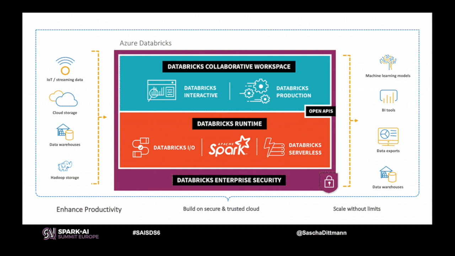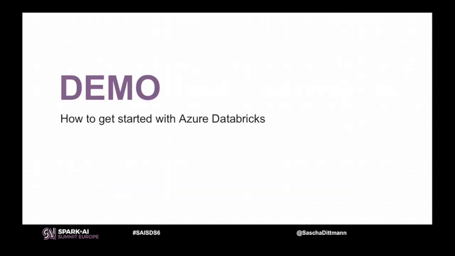You've got the BI tools, could it be Power BI, Tableau, or something completely self-made. You can export the model, the reports to your own stuff, and push the data, of course, to a data warehouse. Could it be an Azure SQL data warehouse, Snowflake, whatever.